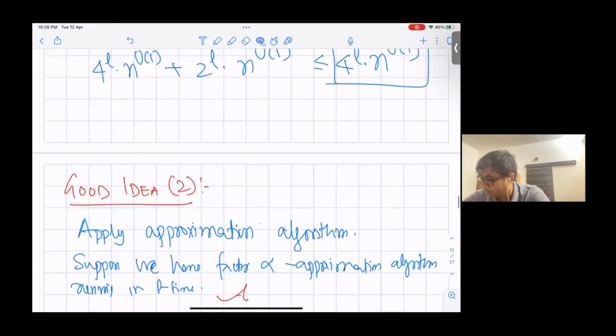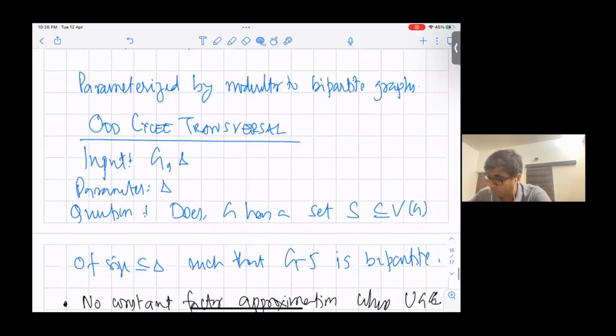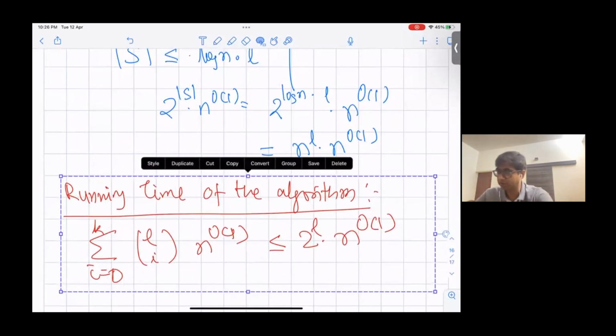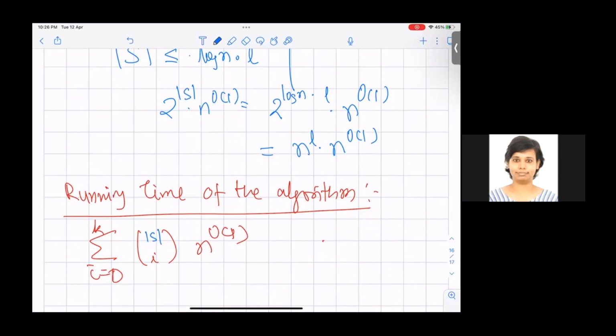Is this fine? Maybe it will help, but I don't know. This is what we had. This is our running time of the algorithm, right? Does everybody agree to this? Right? So now, what will the running time of our algorithm be? Is this fine? Yes.